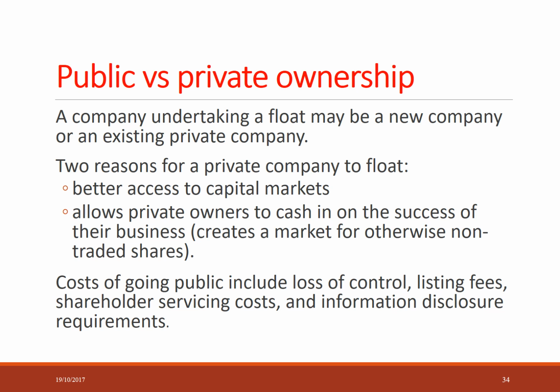Depending on how many shares they sell into the public market, they lose a bit of control of the firm. They've got to disclose information subject to the requirements of the exchange. They have to pay listing fees, and they have to meet certain requirements set by the exchange before they can go public.